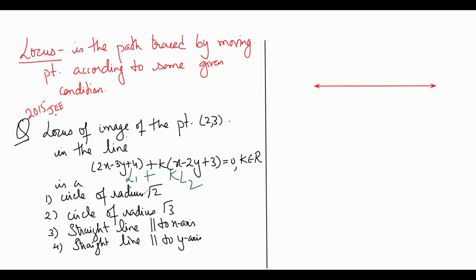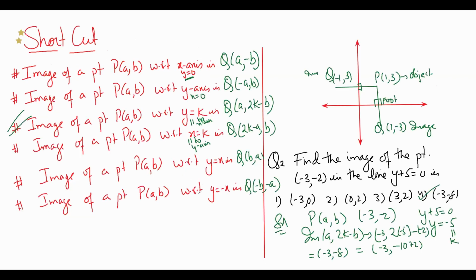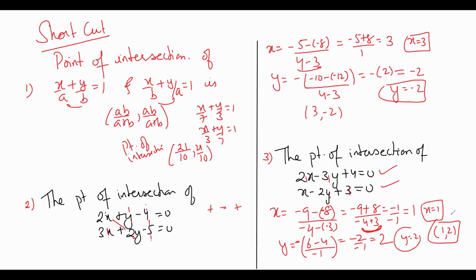Now what we do, we just find the point of intersection of these two lines. I have already given you the shortcut for this. These are two lines, and what I get from here, the point of intersection, is 1 comma 2.